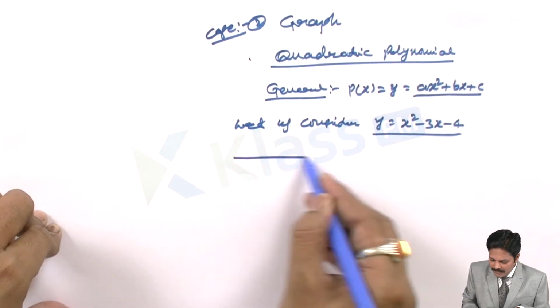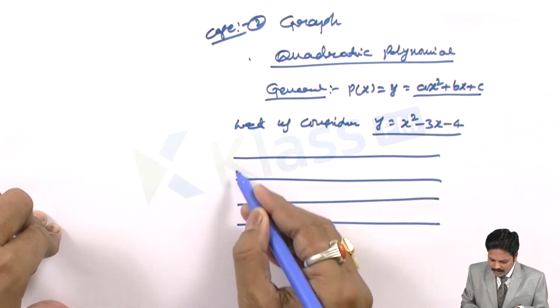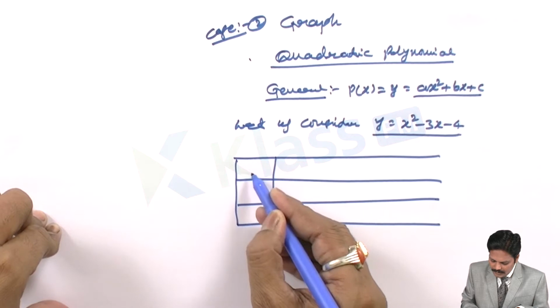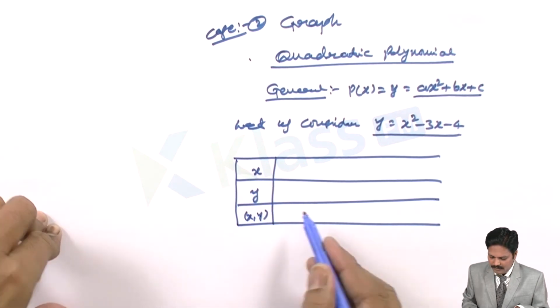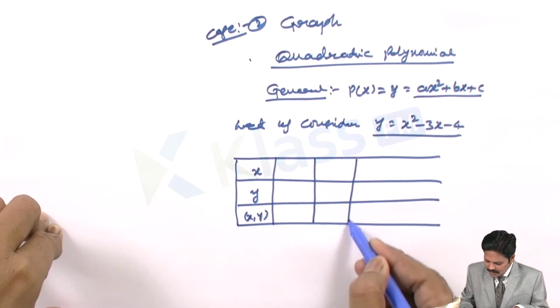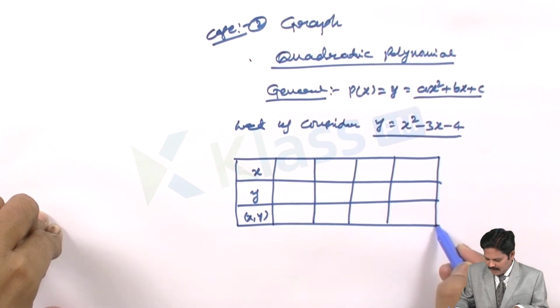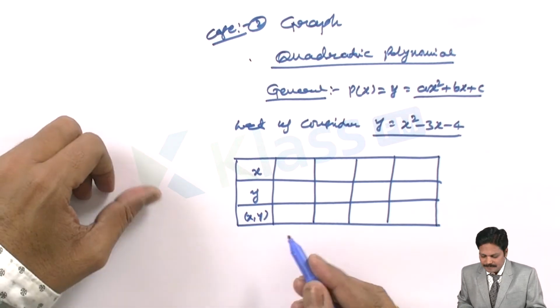So here I am taking the values. This is the x value, this is the y value, and this is the x and y values. When we are substituting the values of x, we are having the value of y.